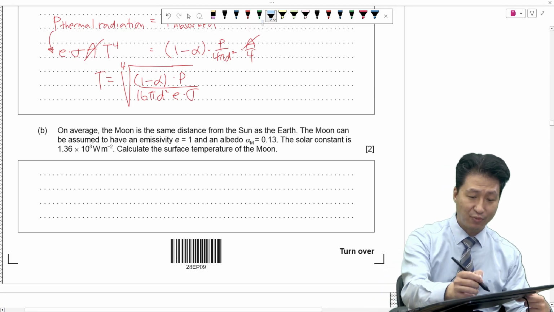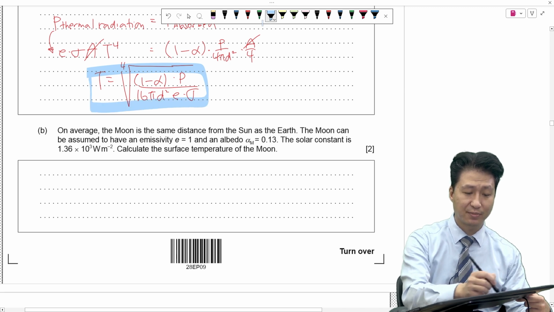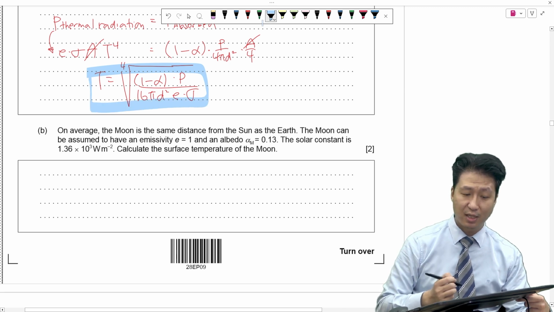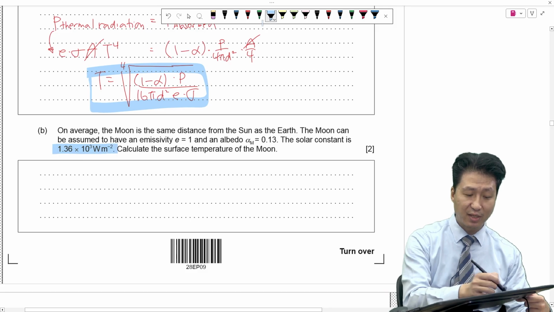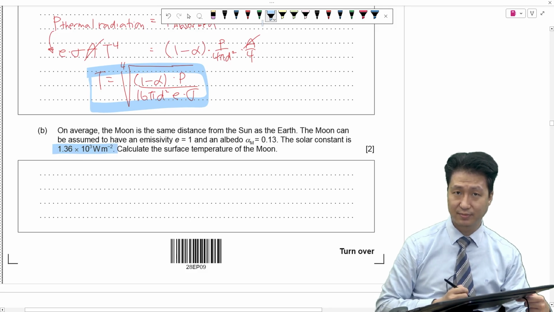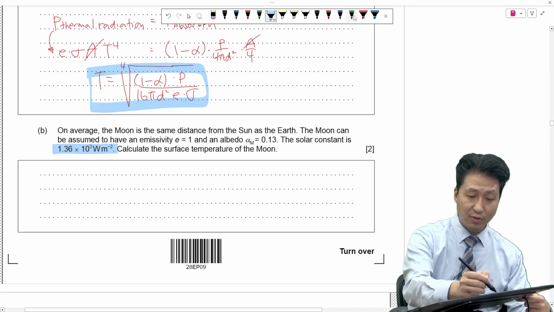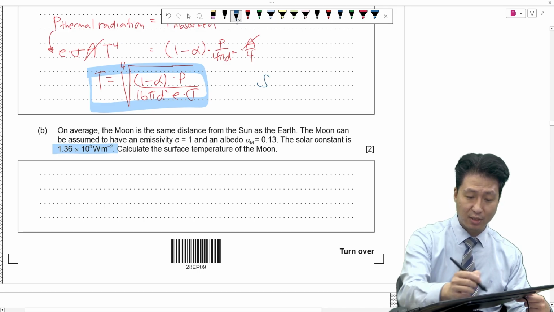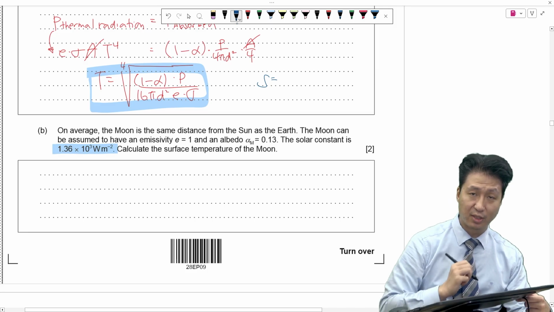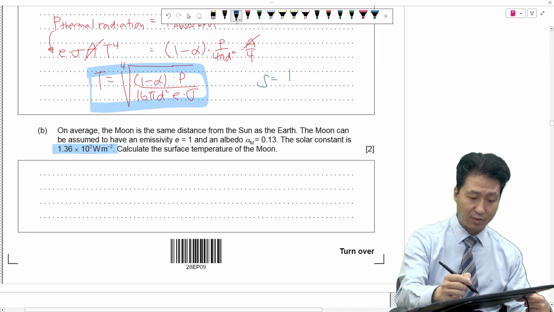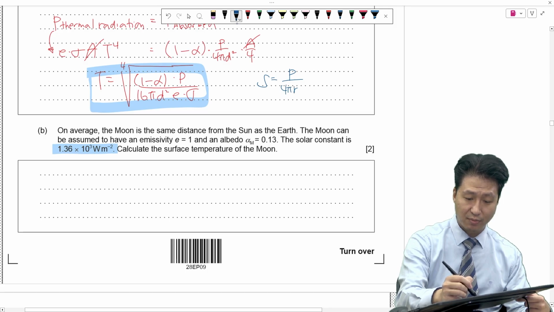Now, we have previously found an equation for the temperature. The problem here is they are giving us the solar constant instead. So what we can do is we know the solar constant S is equal to the power over 4 pi d squared.